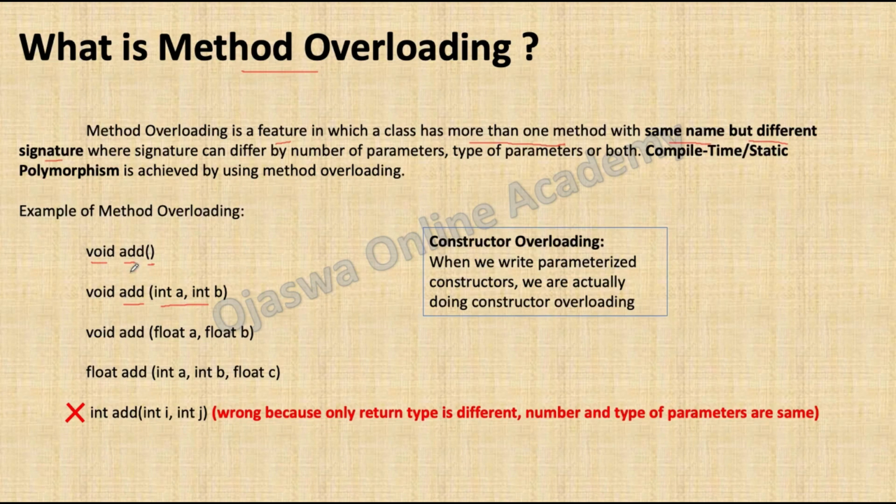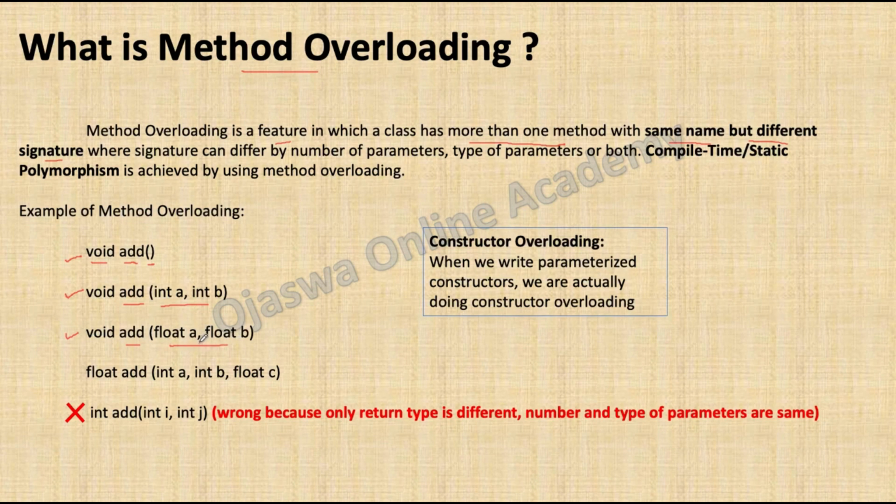Both the methods have the same method name but different signature, where signature can differ by number of parameters, types of parameters, or both. So in this case, there are no parameters, and in the second example, there are two parameters of type int. Now look at the third example. Here, the method name is the same, and the method has two parameters, float, comma float.